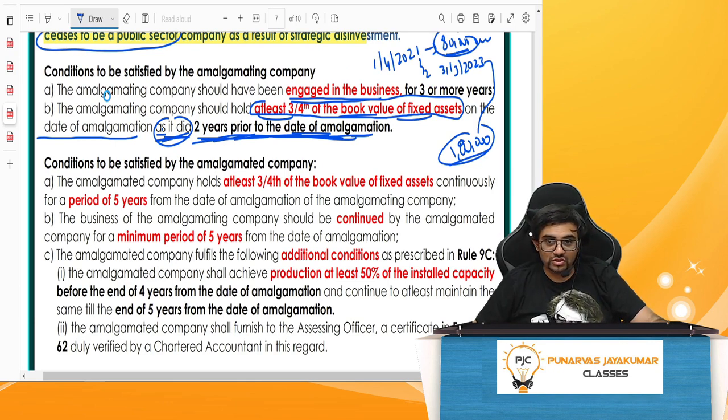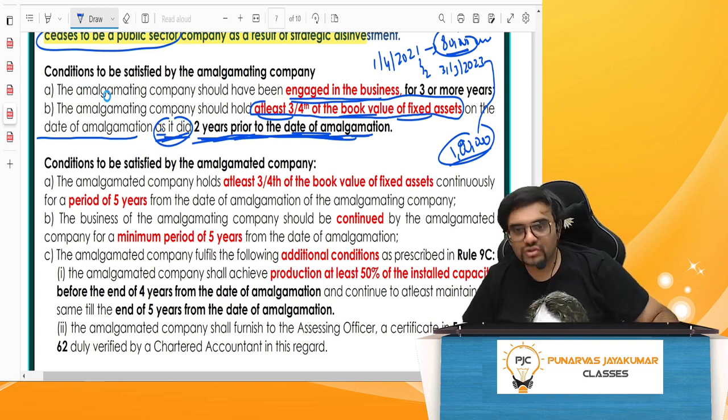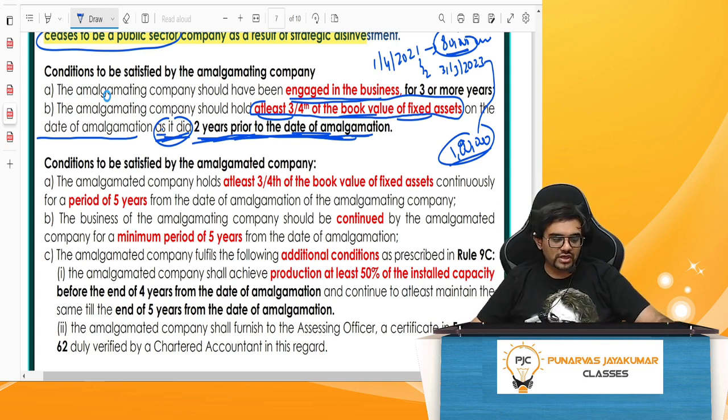Fixed assets which constitute 75% of the book value 2 years ago should continue to remain. The asset should continue to remain because the reduction in value is due to what? Various things. But the book value should be compared as on the date of amalgamation. Nothing else is what they are trying to tell.